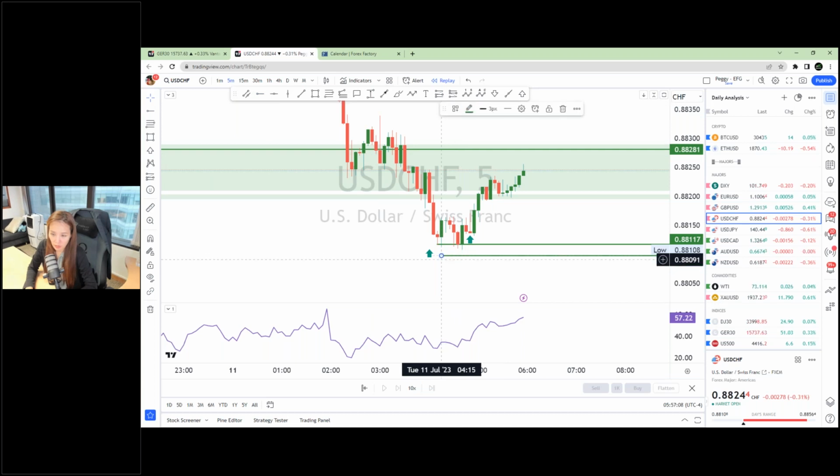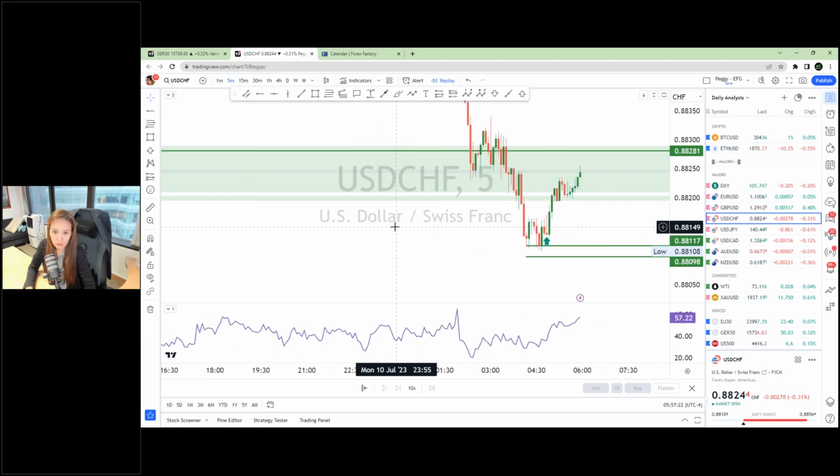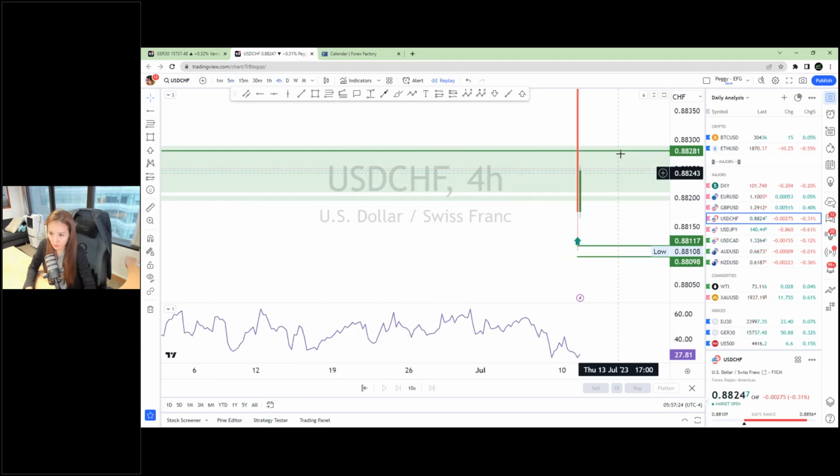Then I just hold. Sometimes you have to let the candlestick show how it reacts. This is, for example, how I find the entry for this pair.